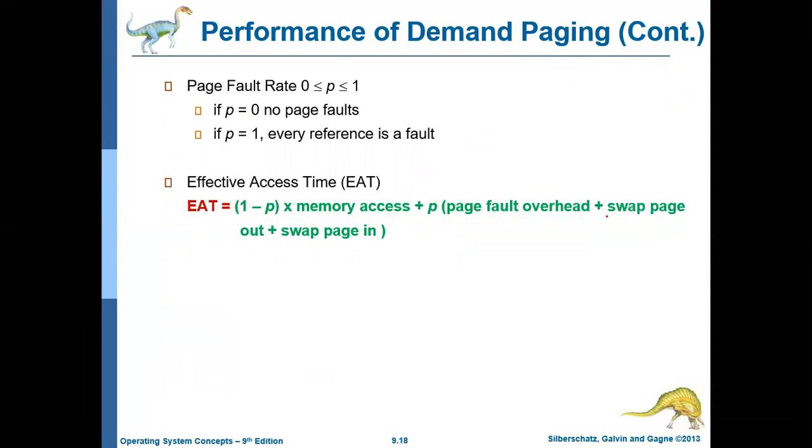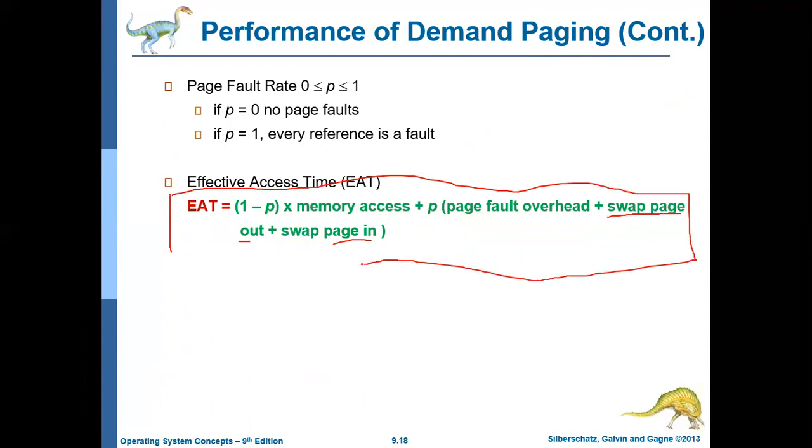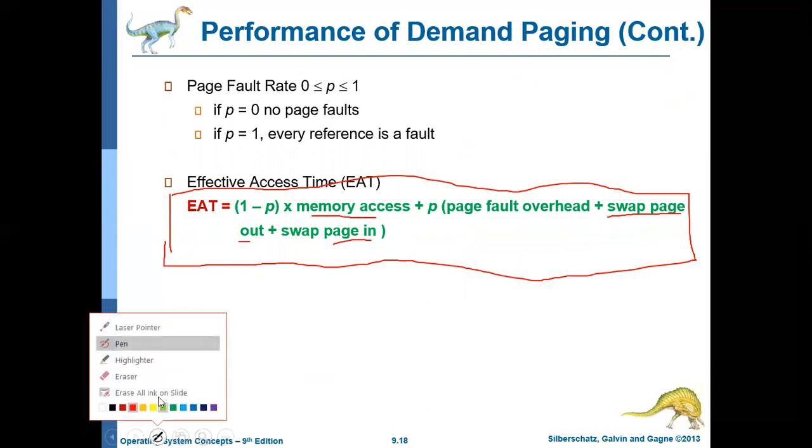Sometimes you may have to swap a page out and swap another page in. So this is how the effective access time is given for calculating the performance of demand paging: (1 minus p) into memory access time plus p into page fault overhead plus swap page out time plus swap page in time.